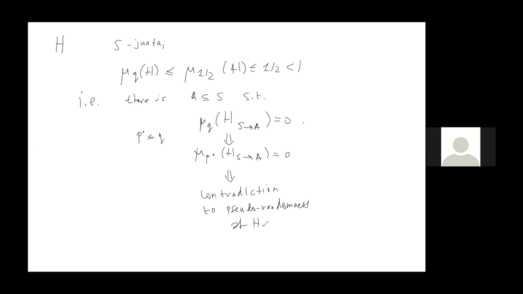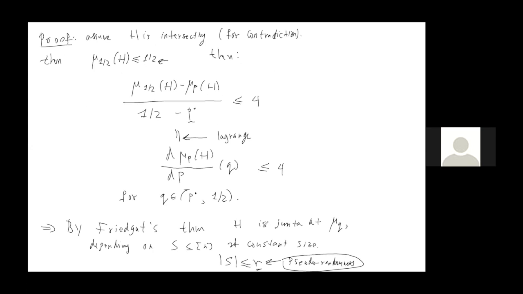Okay, so let me say it again. We started by arguing that there is this point Q on which the derivative of mu p of A with respect to P is at most 4, some constant.